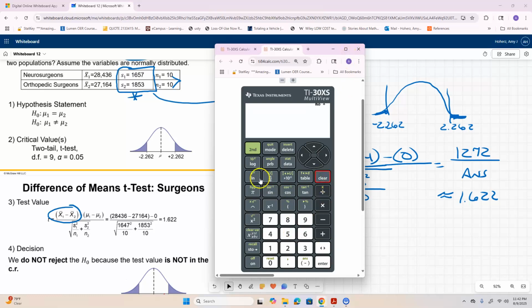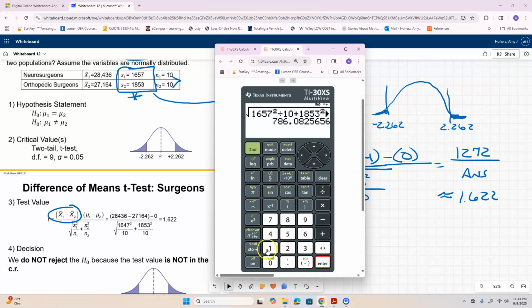And then on the bottom we have square root of 1657 squared divided by 10 plus 1853 squared divided by 10.